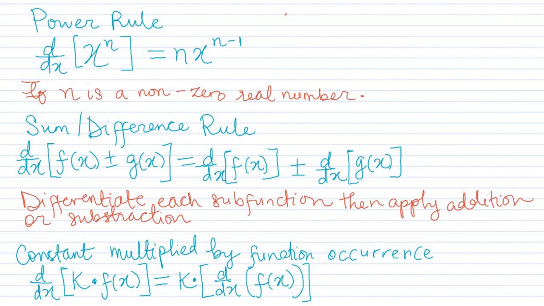So now imagine we're given the sum/difference rule. What are we doing here? What we're simply doing here is f of x plus or minus g of x. This plus or minus is trying to tell you that in between the f of x and g of x, it could be either a plus sign or a minus sign.